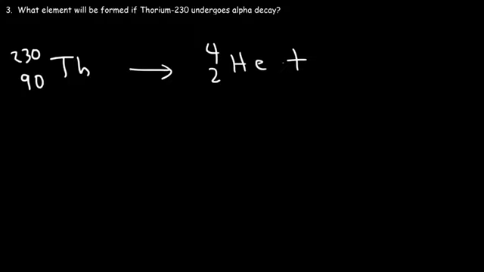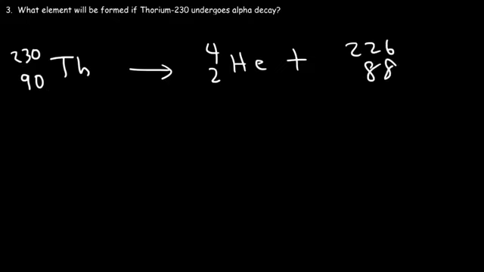Now, when balancing a nuclear equation, you need to make sure that the mass is the same and the charge remains the same. So 4 plus what number is 230? 230 minus 4 is 226, and 90 minus 2 is 88.